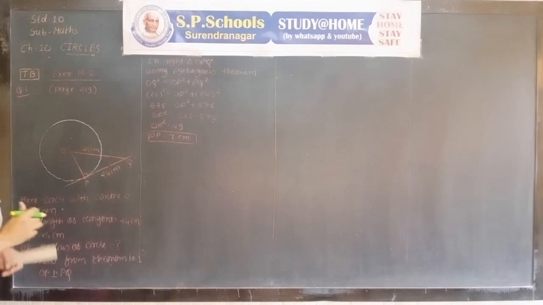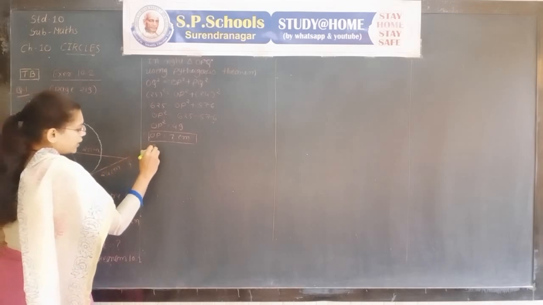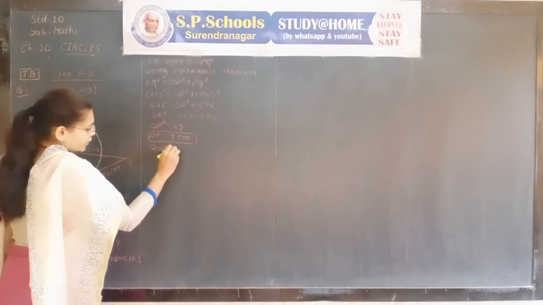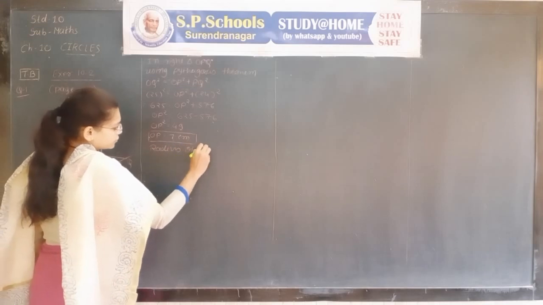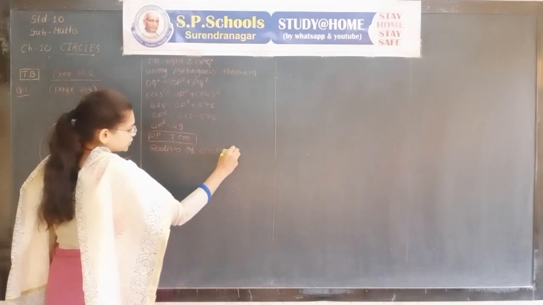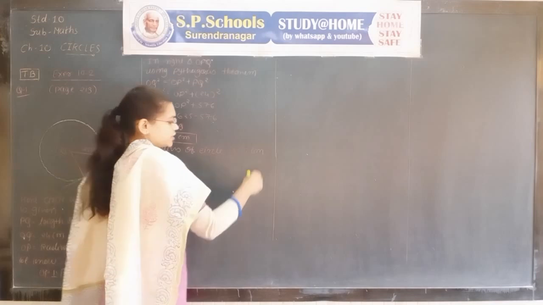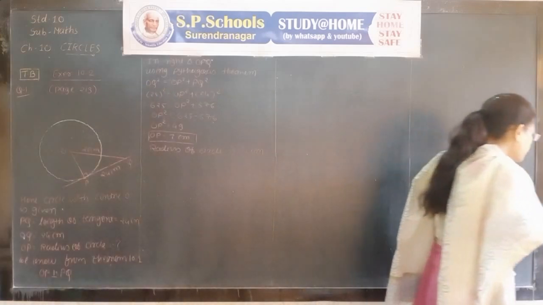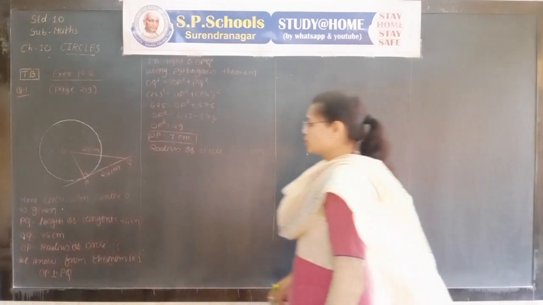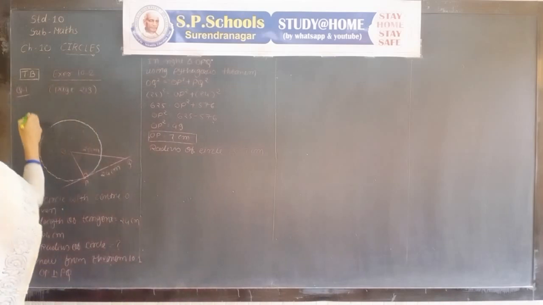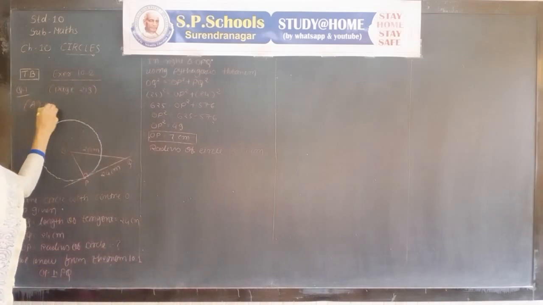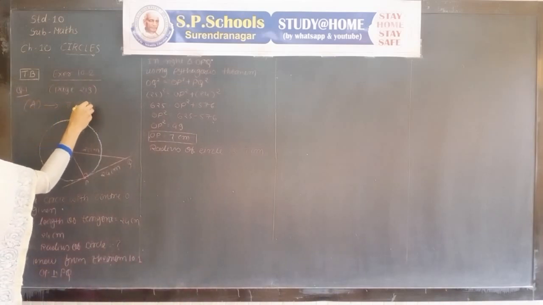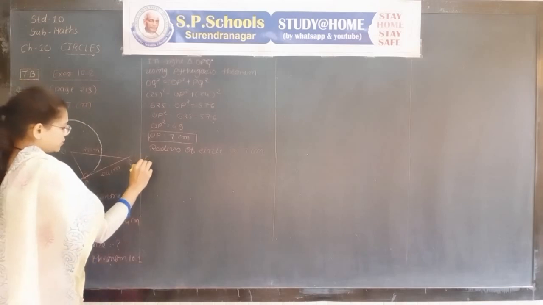OP is the radius of circle. Therefore, radius of circle is 7 centimeter. Now which option is 7 centimeter? Option A. Option A is correct. Option A, 7 centimeter, is our answer.